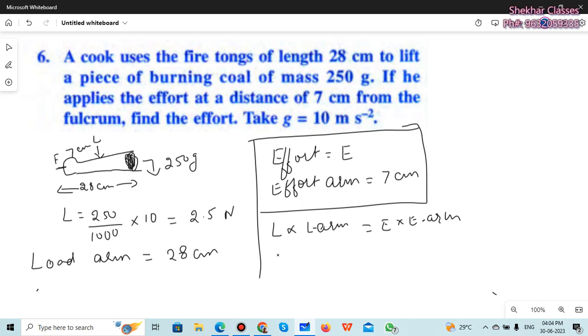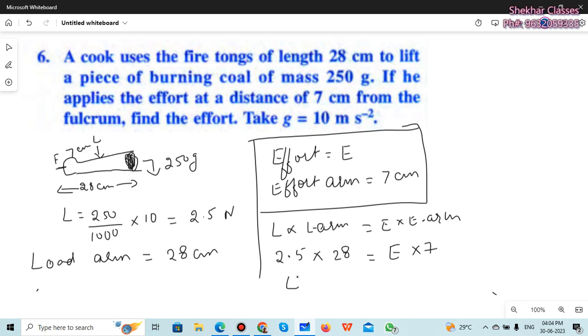So the load is 2.5 Newton, into load arm 28, is equal to effort, which we do not know, into effort arm 7 centimeter.